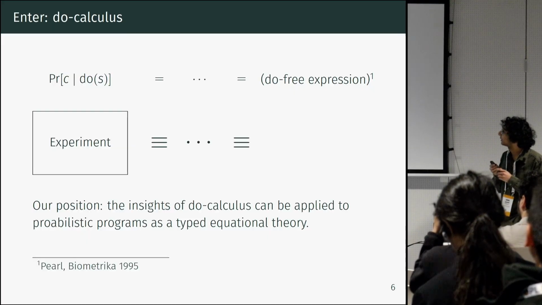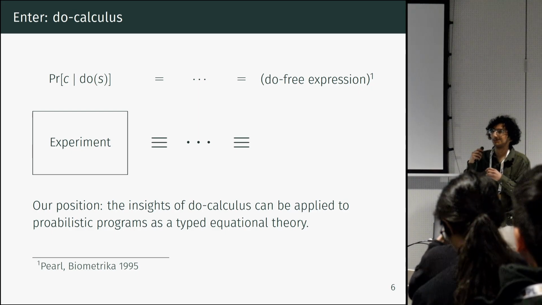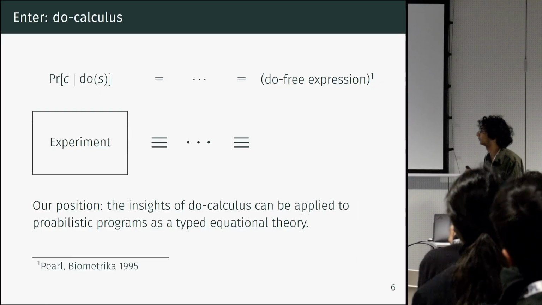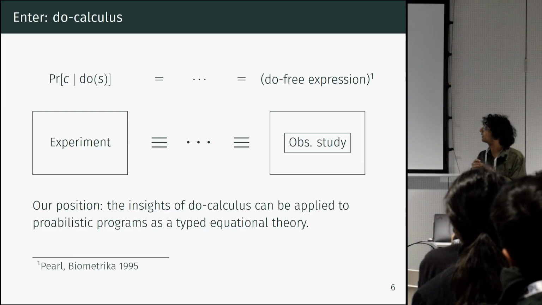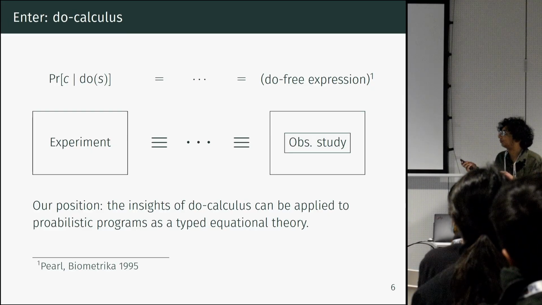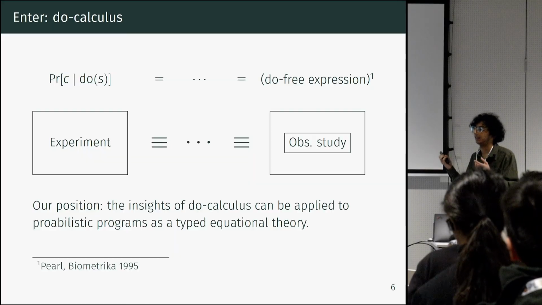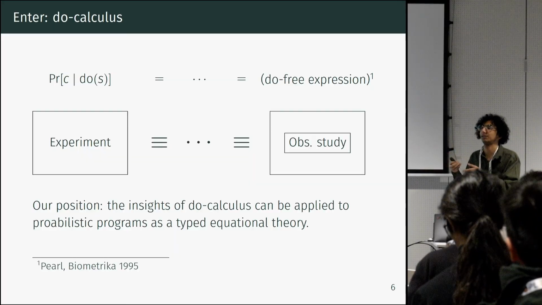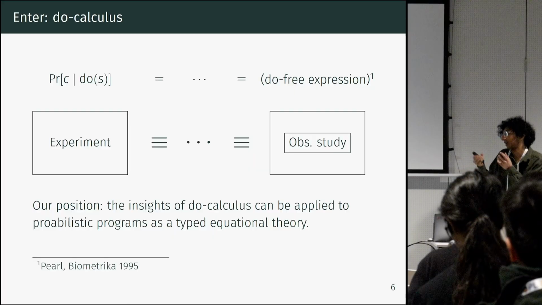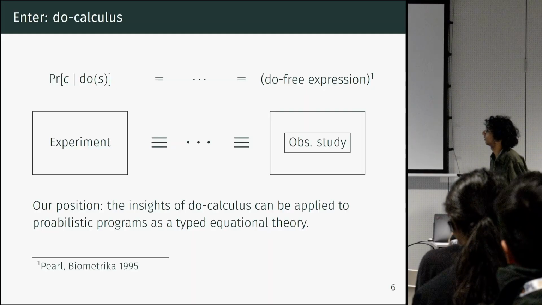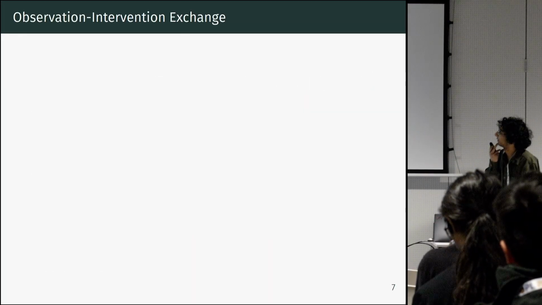These equations correspond to a typed equational theory, and we'll show an example of an equational rule. And this do-free expression corresponds to a program which uses the observational study as a subprogram. The idea is that once we have an estimate of the observational program, and we have an estimate of that subprogram, then we can run inference to get an estimate of the program as a whole. And hopefully that'll become clearer later as well.